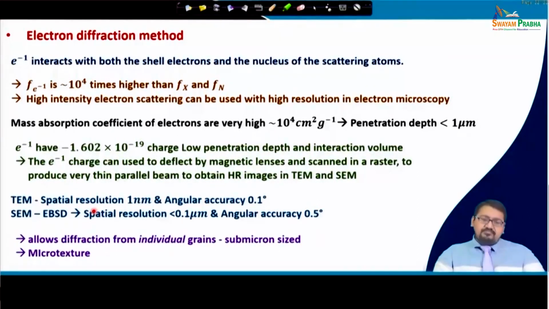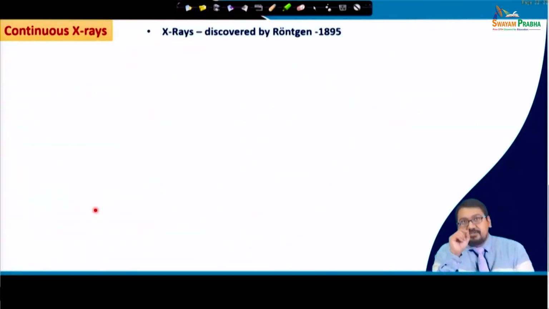So this higher spatial resolution allows you to see diffraction not only from individual grains, but even from very small parts of individual submicron grains, and therefore we can obtain micro texture. So here we conclude that, and then we come to X-rays.